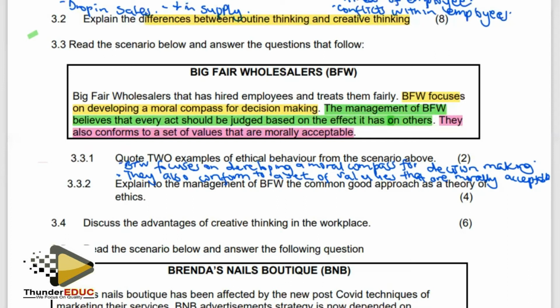The common good approach as a theory of ethics. Here, I want you to take note of it. Very important. You need to know what it means.